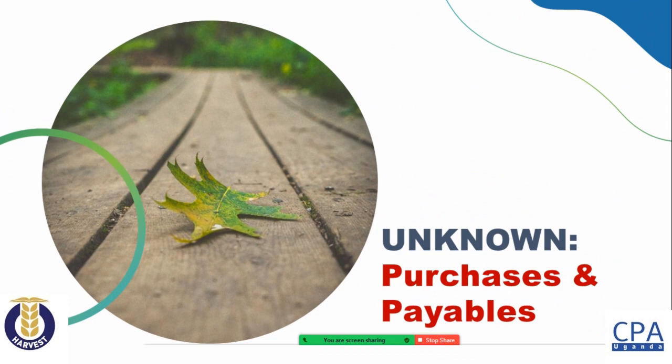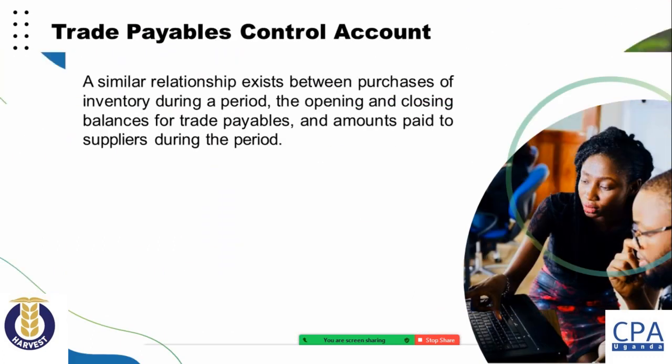Quite similar to this one here, purchases and payables. Now here we're talking about what you have purchased from your suppliers. If it is unknown, what do you do? A similar relationship exists between purchases of inventories during the period, the opening and closing balances of trade payables, and the amount you have paid to your suppliers during the period.